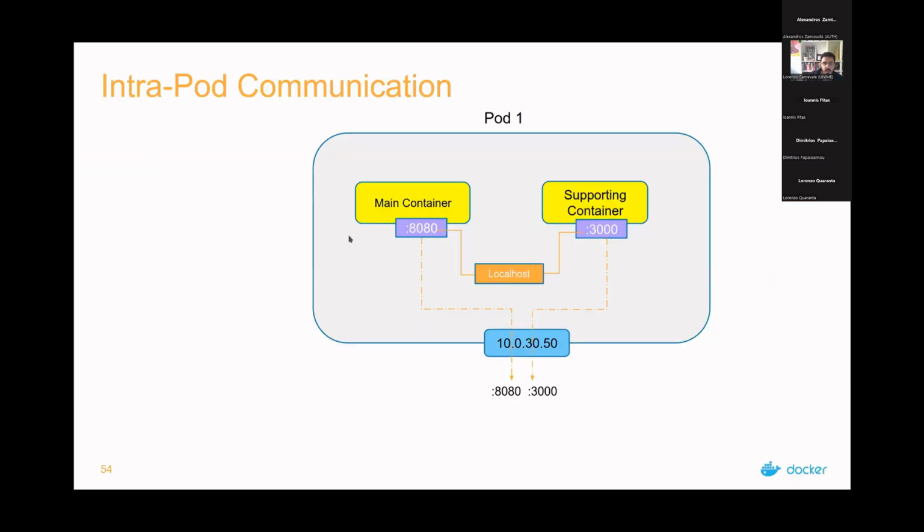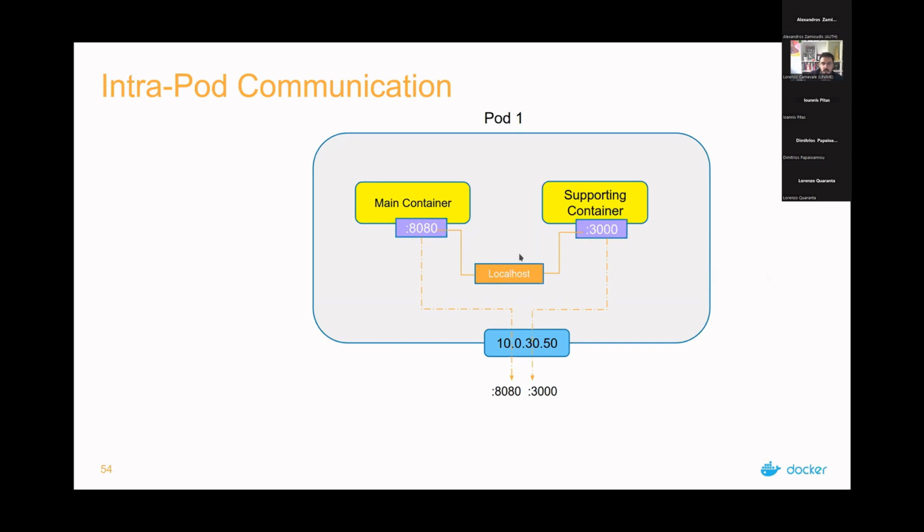How does this take place? We have the localhost that allows the two containers within the pod to communicate with each other. So we have like a localhost 8080 to arrive to the main container from the supporting container, and vice versa.